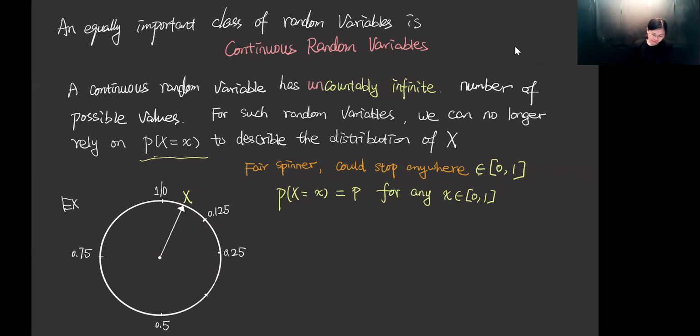Well, that seems informative, but what is this probability P? This probability P, we can show it cannot be a positive number. Suppose the contrary, suppose that P is a positive number.